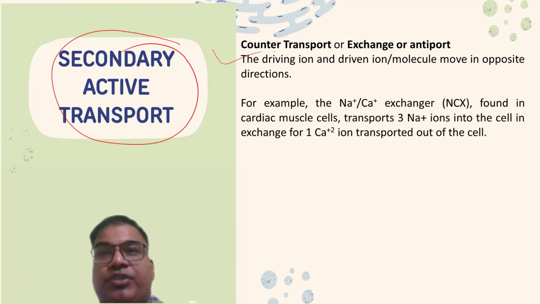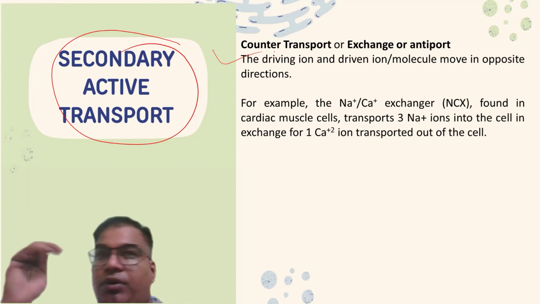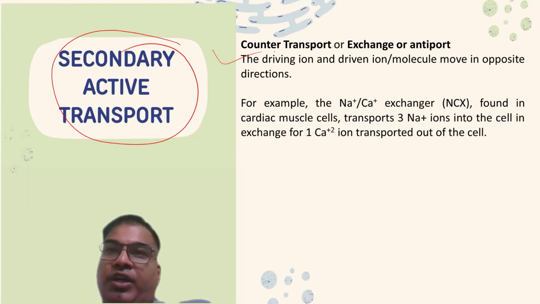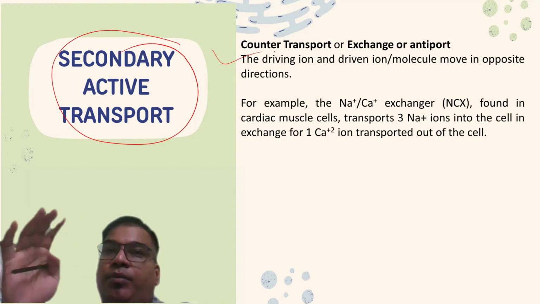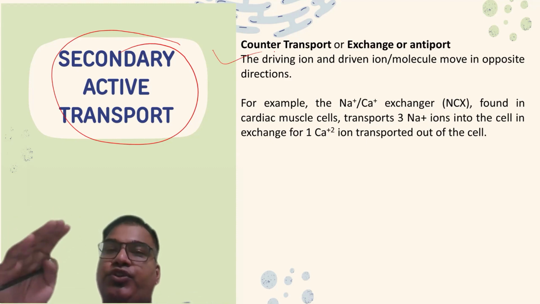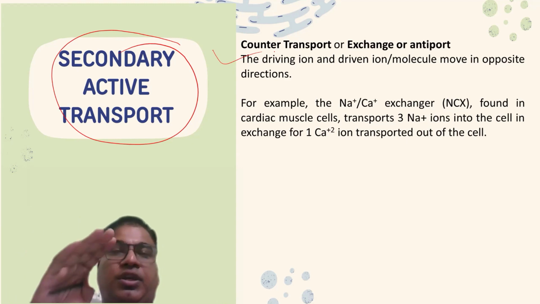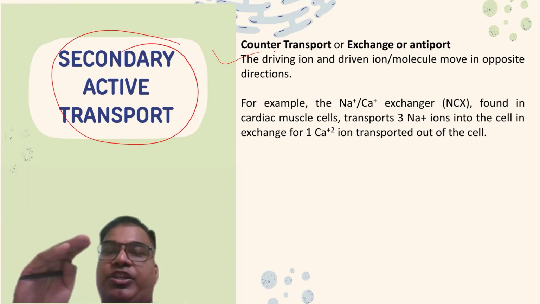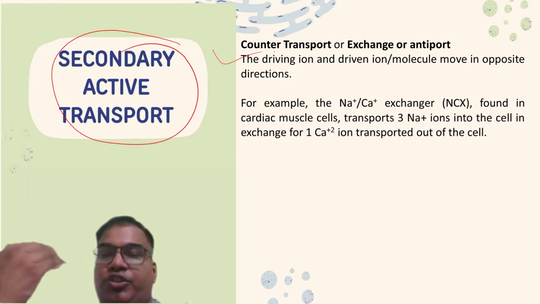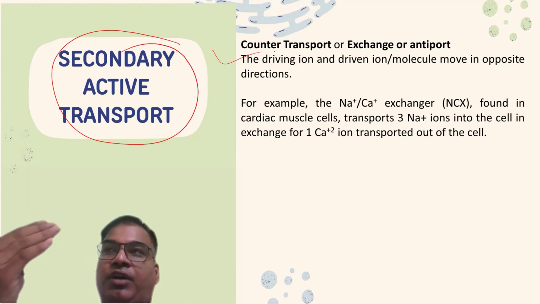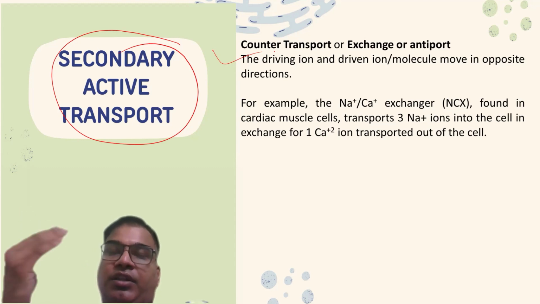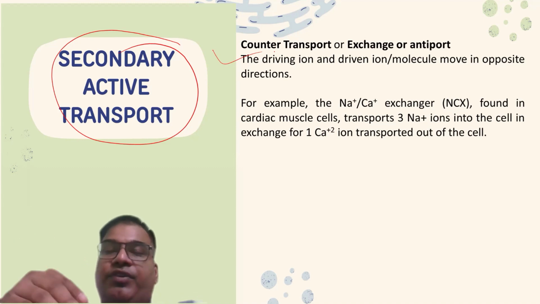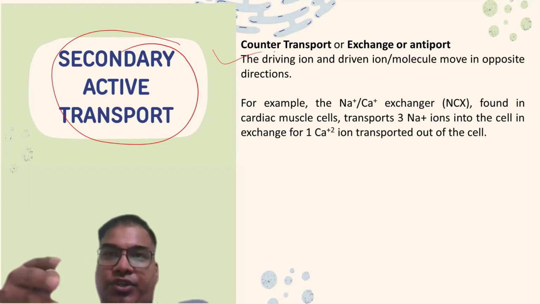After that, we discussed the secondary active transport. In the secondary active transport, energy was basically used in the transport of some other molecules. Sodium potassium ATPase was responsible for the movement of sodium outside the cell. The sodium was at a higher concentration outside the cell than inside the cell. So there is a generation of a concentration gradient.